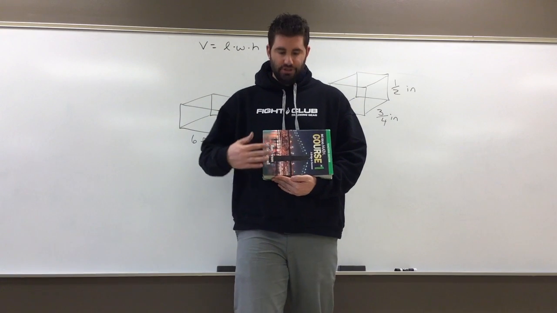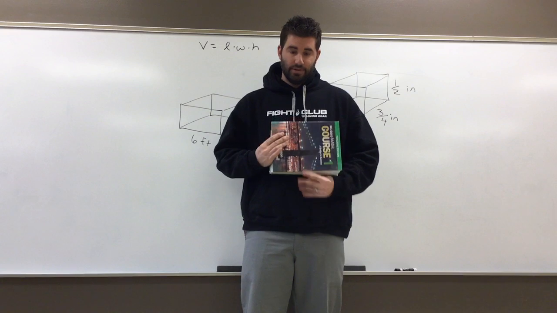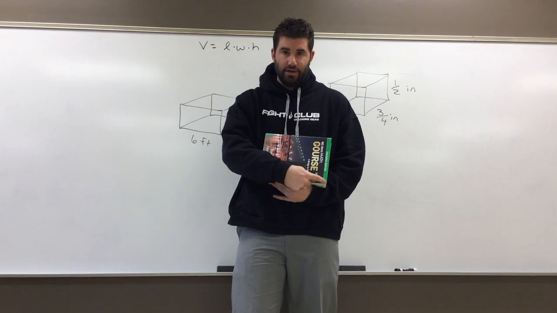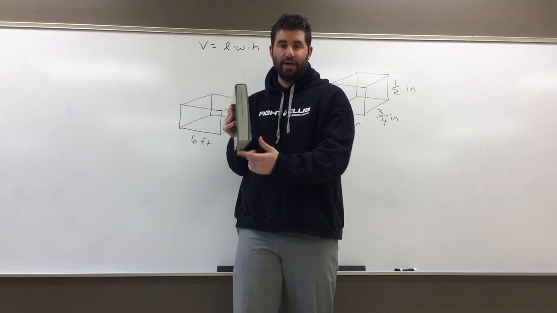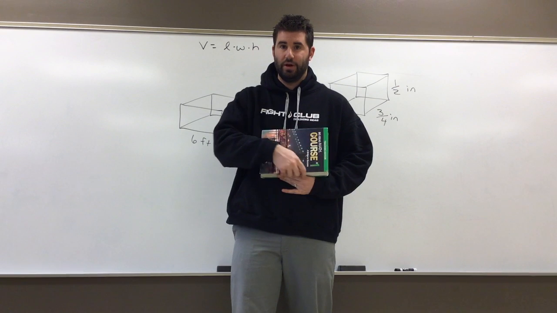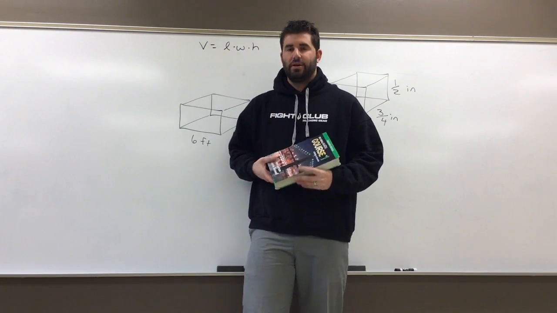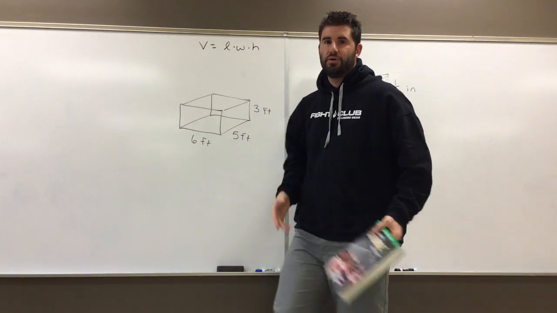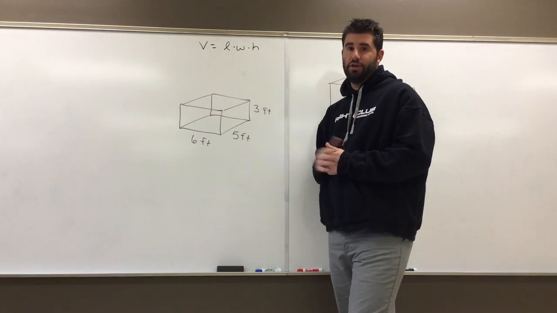Volume now is not just looking at the cover, but the entire book. So it's length and width, but also how deep it is. We call that height. So we have the cover sides, length and width, but also how thick the book is. So it's multiplying all three of those things together now. That's what gives us our volume.